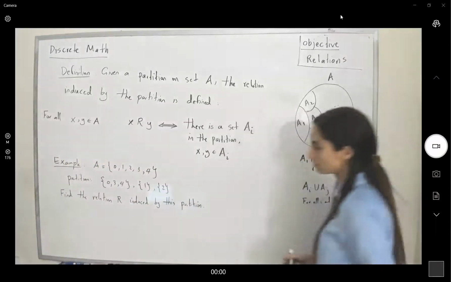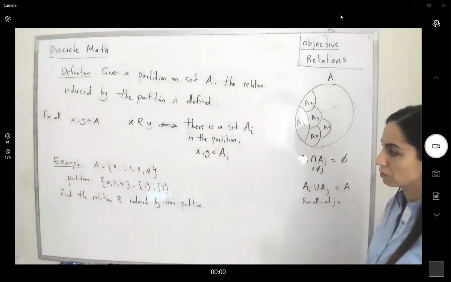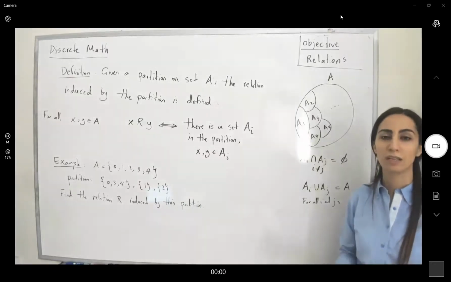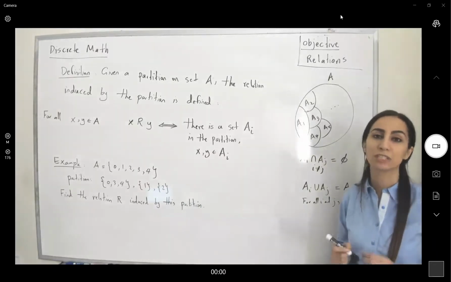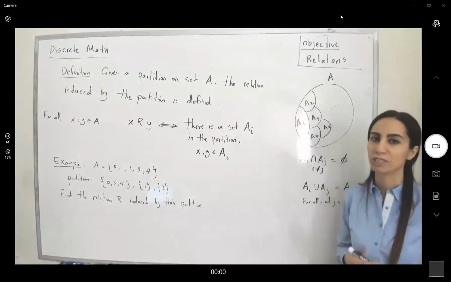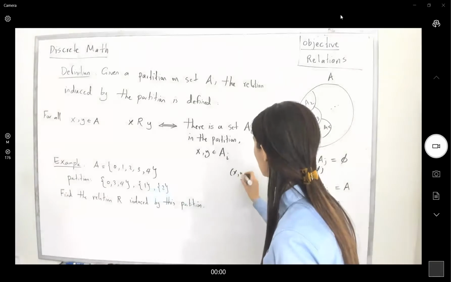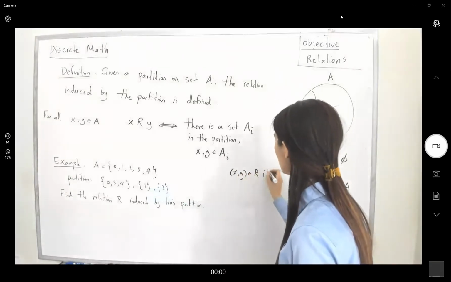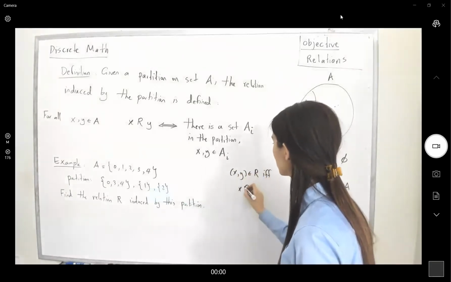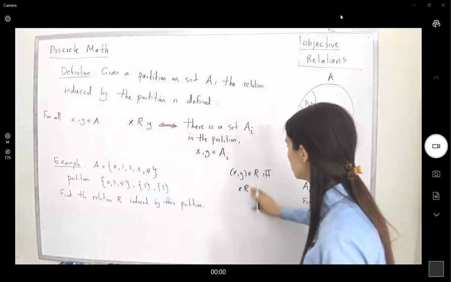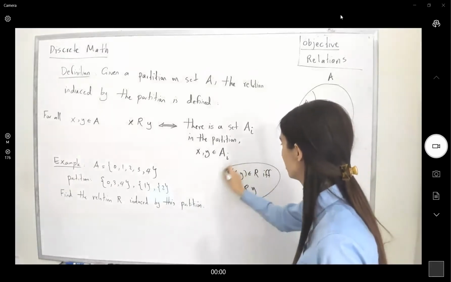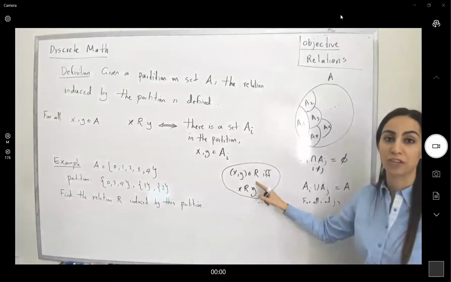Very well. So remember that a relation is a collection of ordered pairs. What ordered pairs? We say that X and Y is in relation R if and only if X can be connected to Y using R. That's how we build a relation.